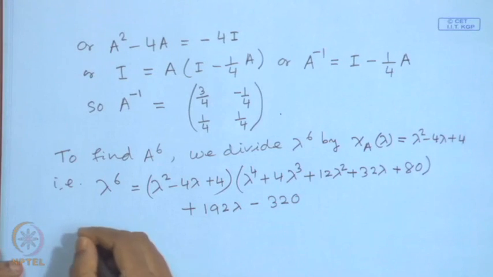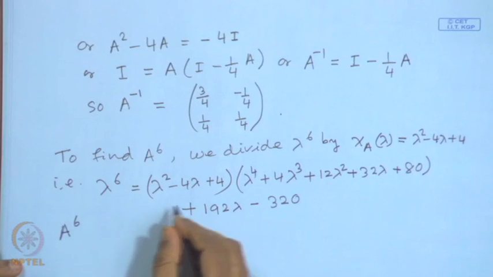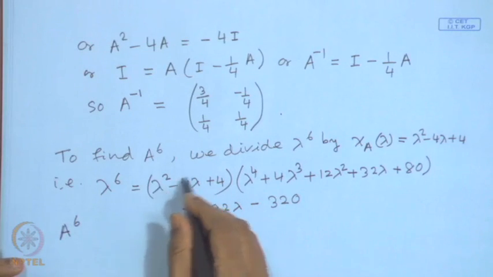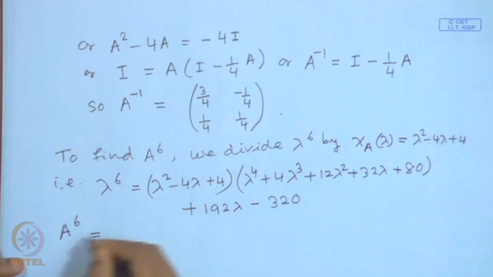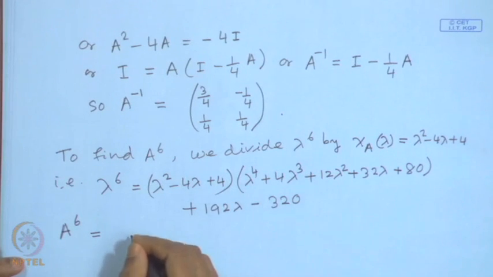Since the matrix A satisfies its characteristic polynomial, if we put A in place of lambda, the first term is equal to 0.